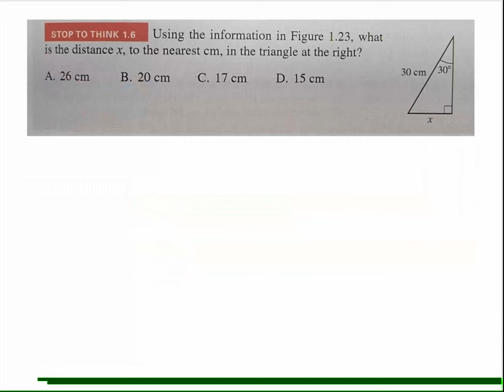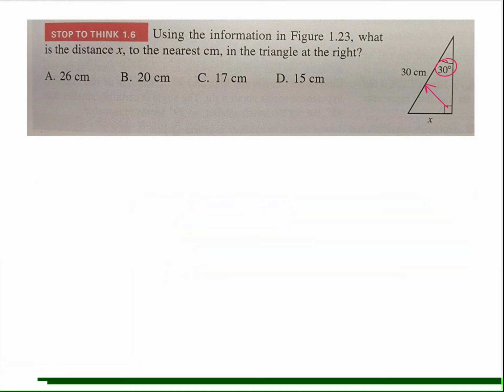All right then, using the information, what is the distance to the nearest centimeter in the triangle at the right, the distance x? So we look at the picture, we see it's a right triangle, which means we have the hypotenuse. We have a reference angle here of 30 degrees. So we're going to use sine.